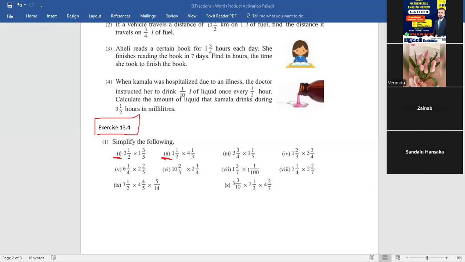So it should be 1 and 4 over 1. Is it correct, 4 divided by 1? No. Is it a mixed number? So you are telling me a mixed number, right?